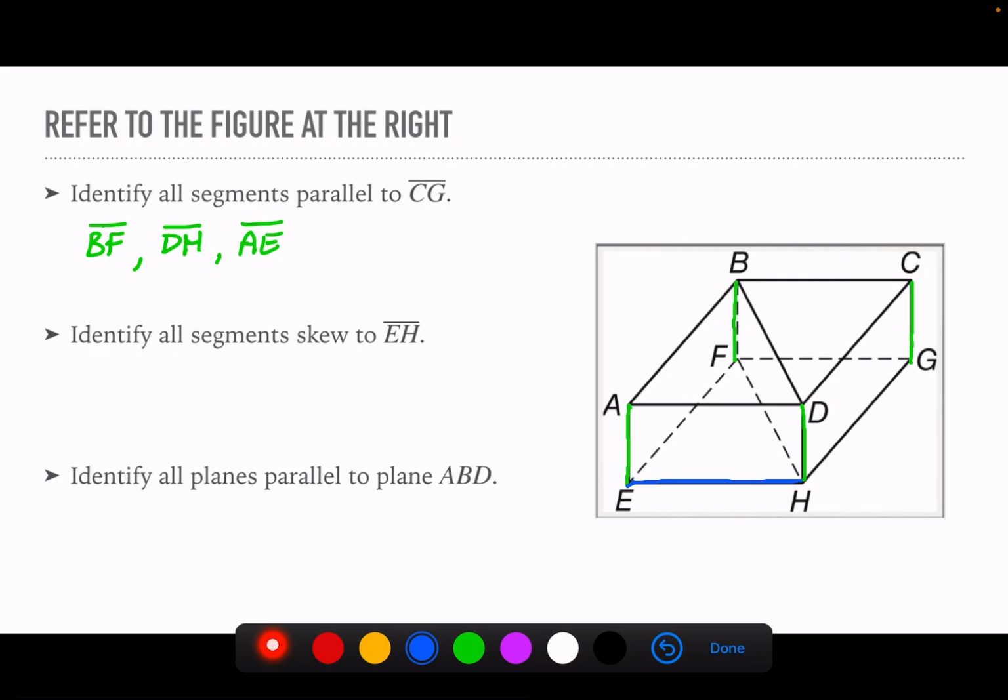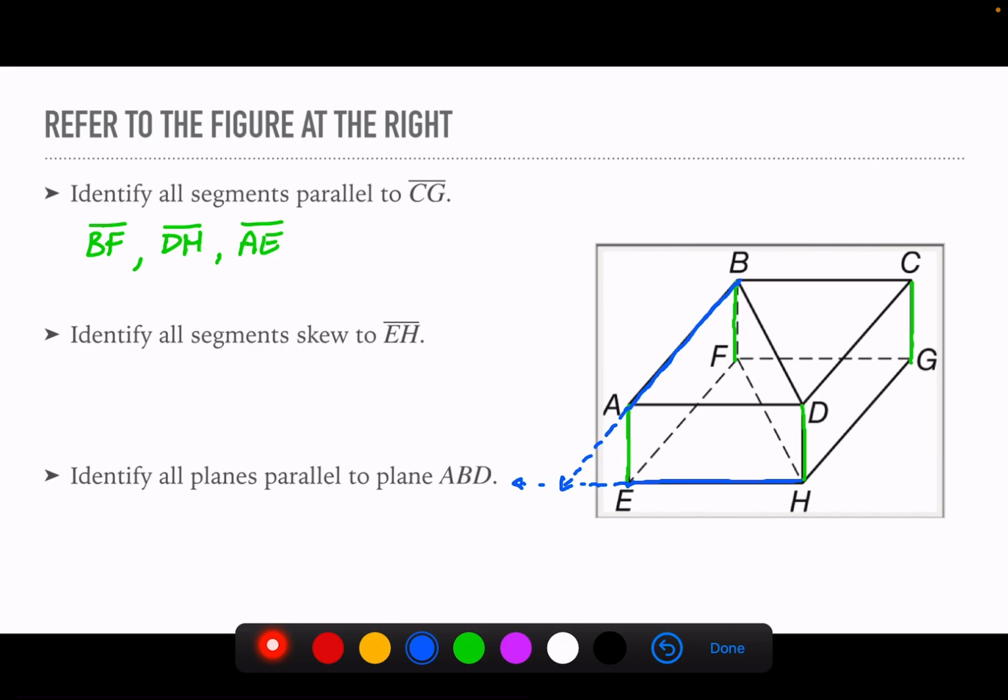So we can look at this line here. That line is skew to EH because if we continue going out this way, this line, EH, is actually going to go underneath of it. And so they're never going to touch. On the flat surface of my screen and your screen, they're going to look like they touch, but in real life, they're never going to touch.